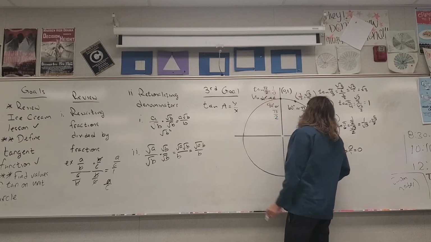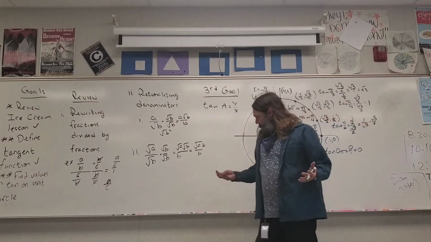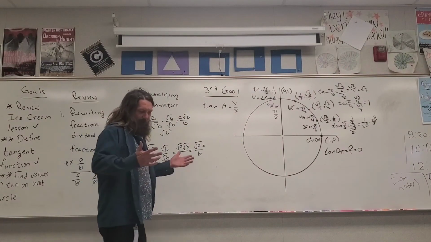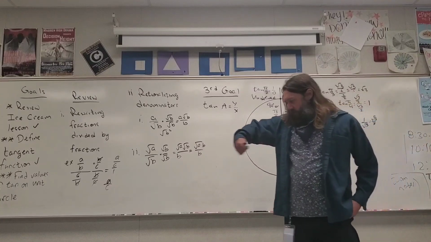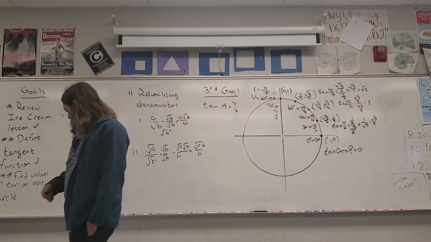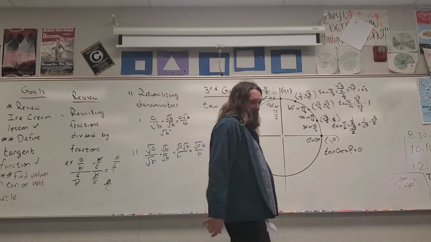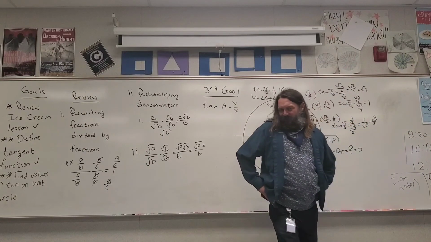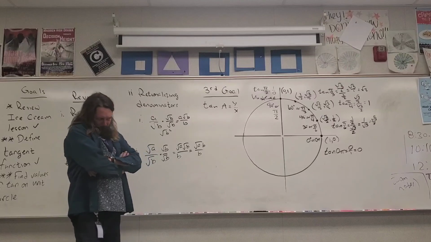So tangent is undefined at 90 degrees or pi over 2, because we're dividing by 0. And if you remember, undefined in mathematics means we don't agree about what the meaning is. Right? Some of us think that if we scoop with a spoon that has no size, we can scoop forever, have an infinite value, and others of us think if we scoop with a spoon with no size, that makes no sense. So there's 0 scoops. So there's an argument. And that's why dividing by 0 is undefined.